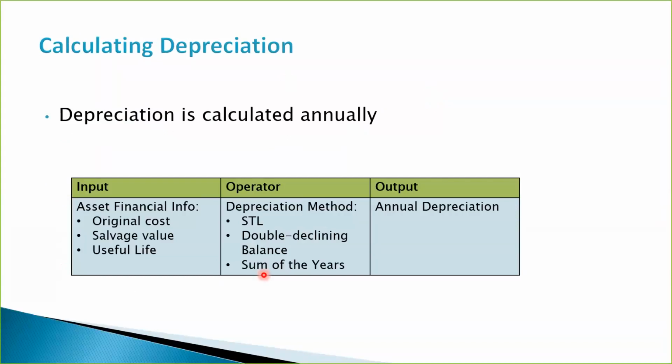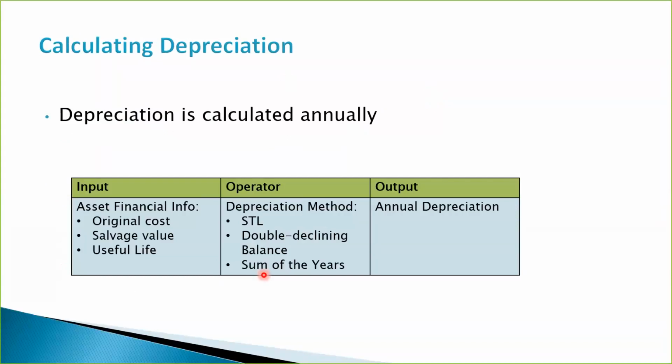For example, if we bought a desktop computer for $6,000 and we know it's going to be used for 5 years, and we're using the straight line method, we can expense out that computer over the 5 years, whereby we do 6,000 divided by 5, assuming it has no salvage value.